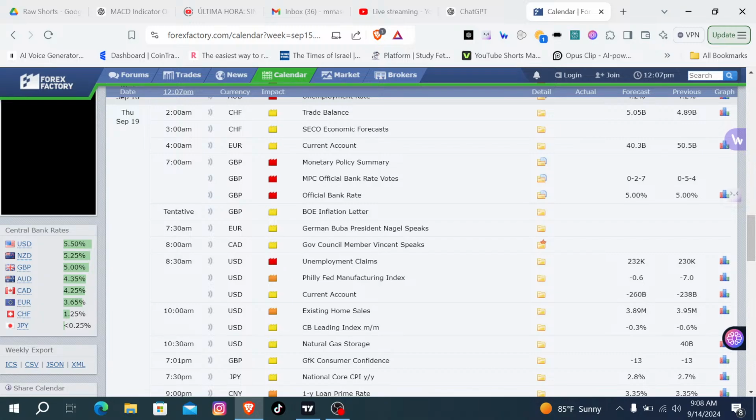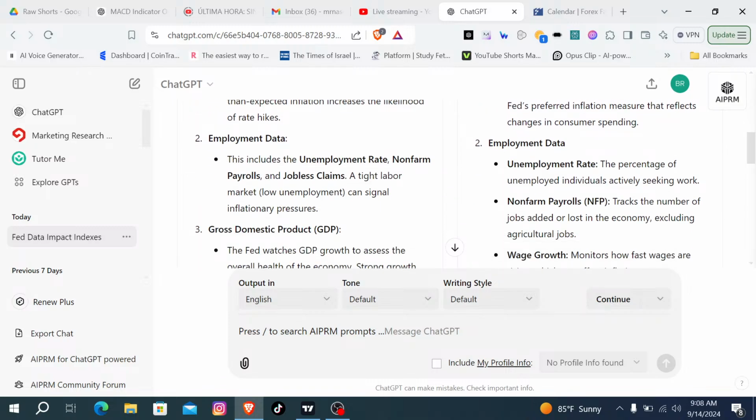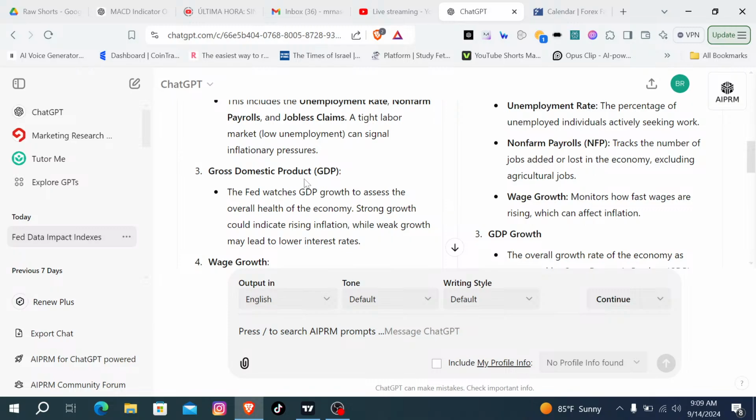They pay attention to unemployment. ChatGPT just told you right here: inflation rate, unemployment rate. This includes unemployment rate, non-farm payrolls, jobless claims, a tight labor market. Unemployment can signal inflation.